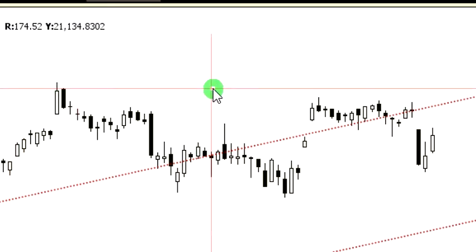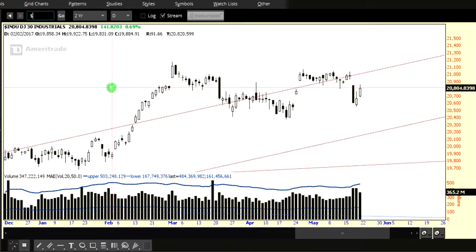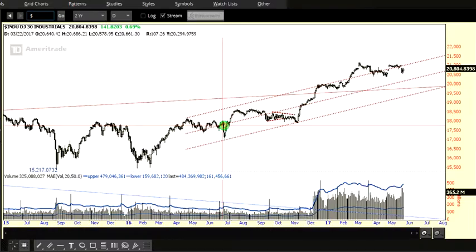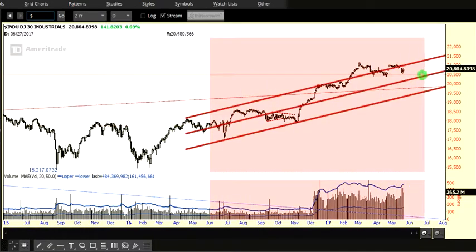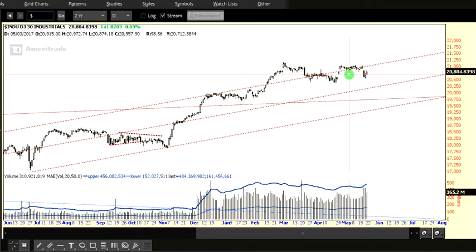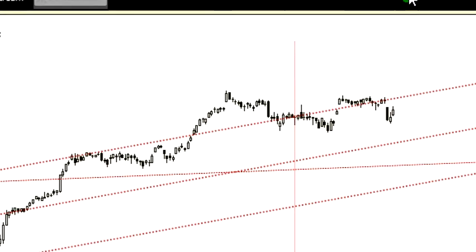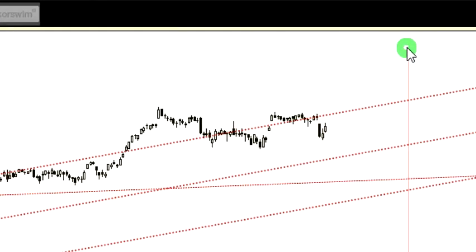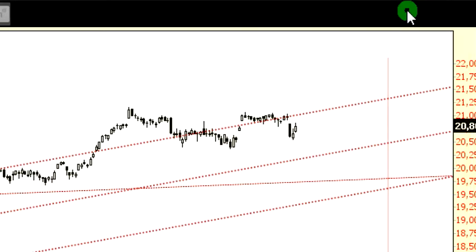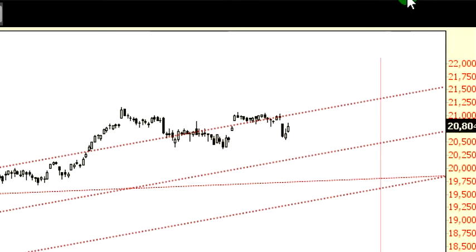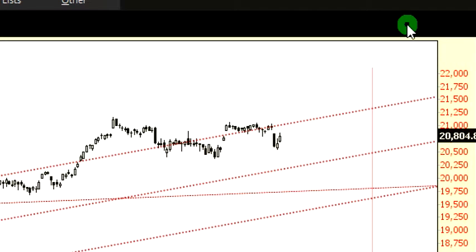Yeah, I think I zoomed in too far. Let me zoom back out. Try this. Let me just try it like this, and then zoom in from here. That's probably better.